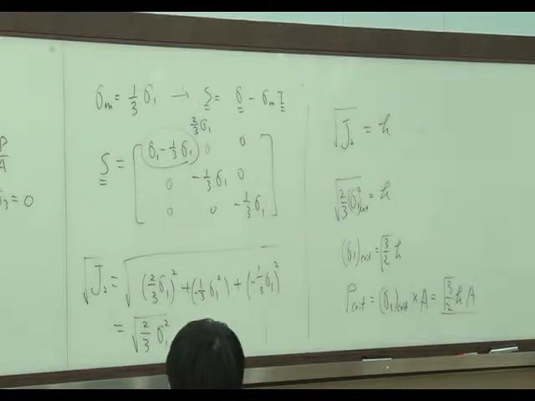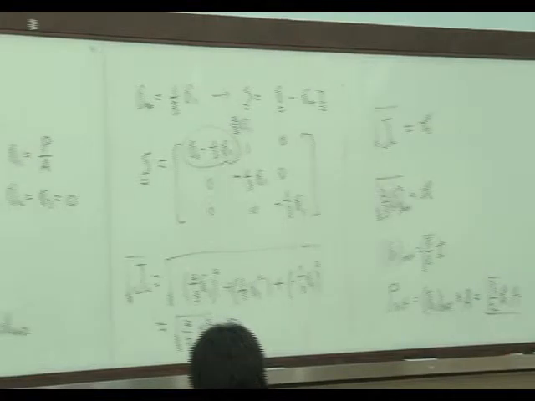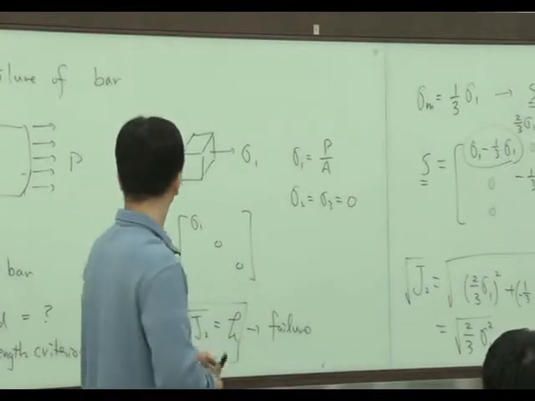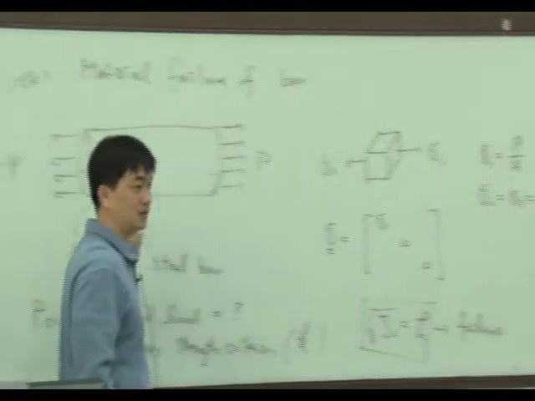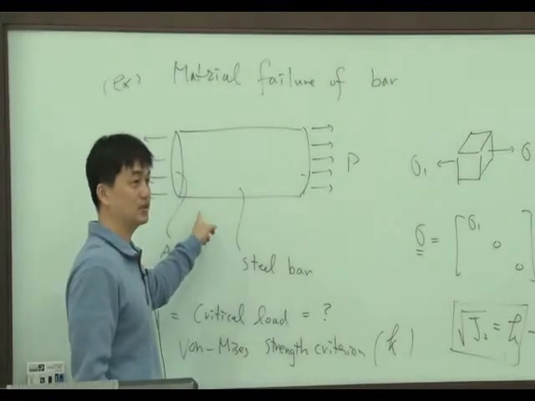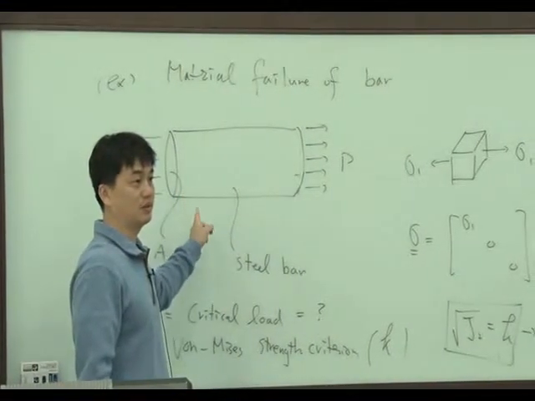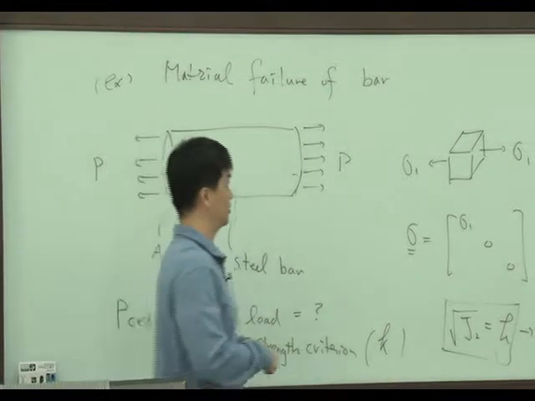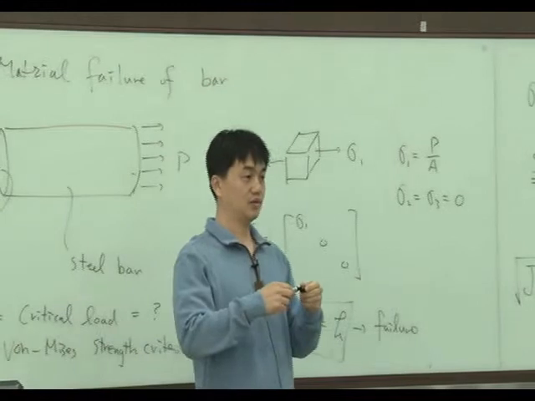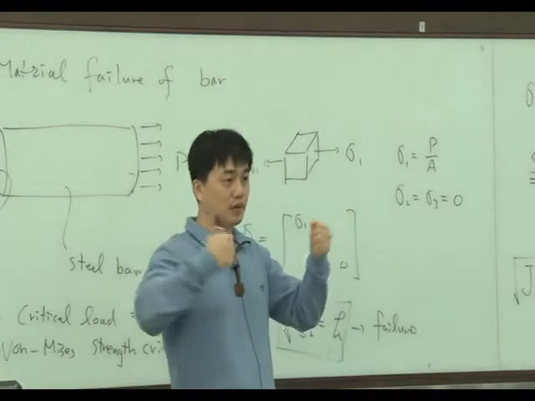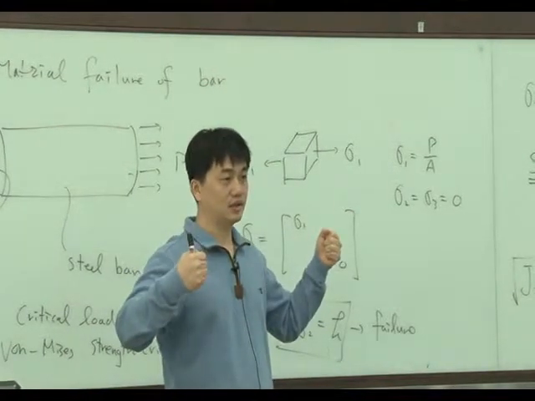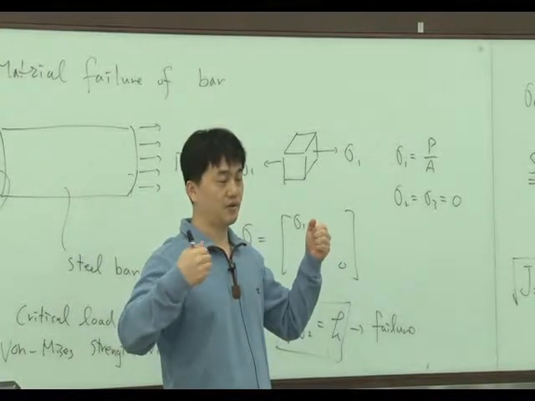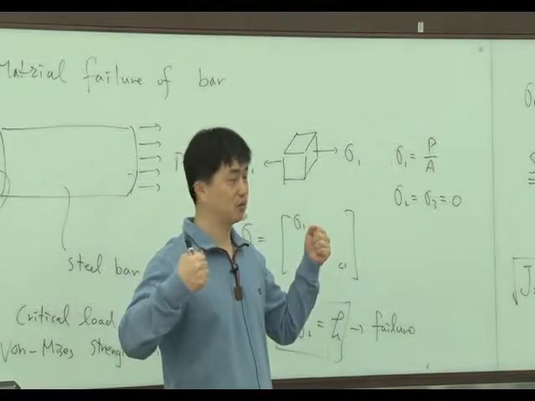So, also, based on that equation, we can calculate the K, right? For example, let's say we are doing some experiment, a bar experiment. There is some machine which can pull the bar, and then we can find the critical load.